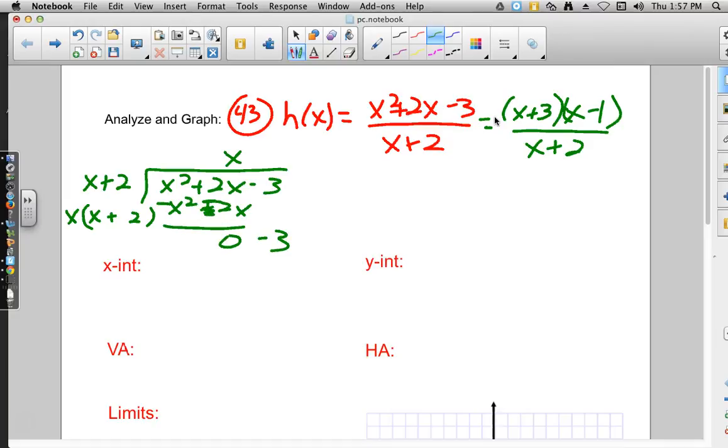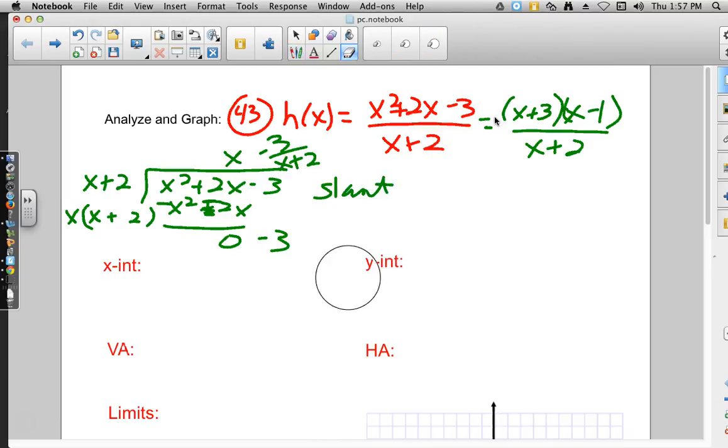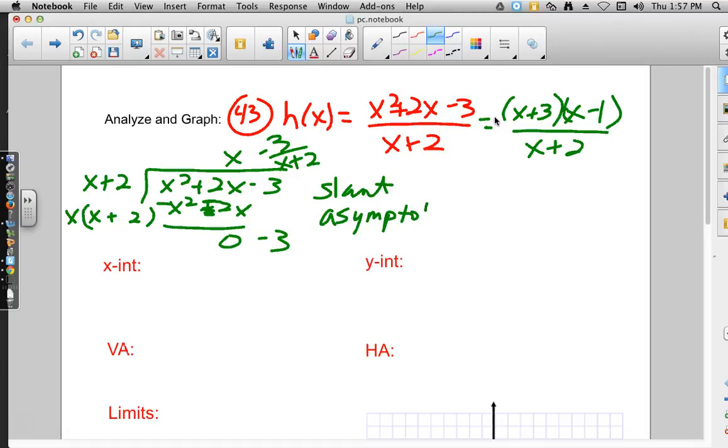And right away, we're down to our remainder. So with this one, we're going to have a slant asymptote. And it will be the line y equals x, which is that perfect diagonal through 1, 1, 2, 2, 3, 3, etc.